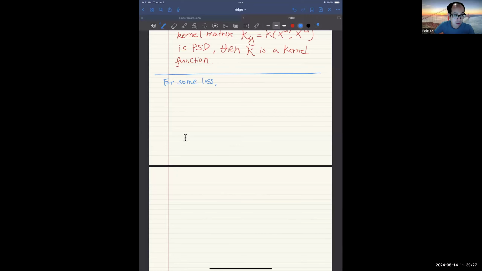We are going to use a linear predictor of the form: my w hat, which is my optimal w, is a linear combination of alpha_i times phi of x_i transpose.